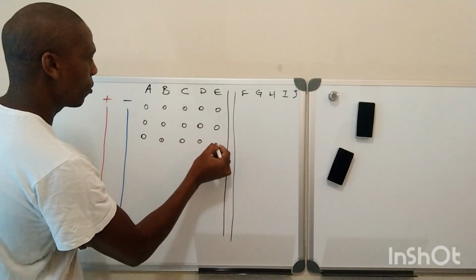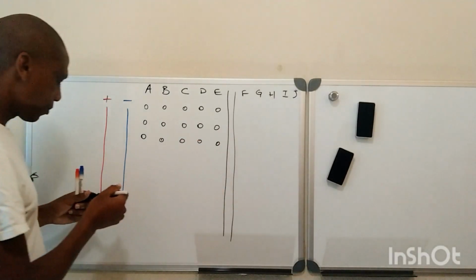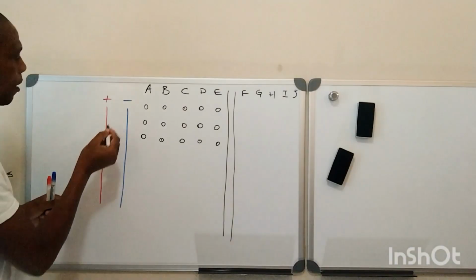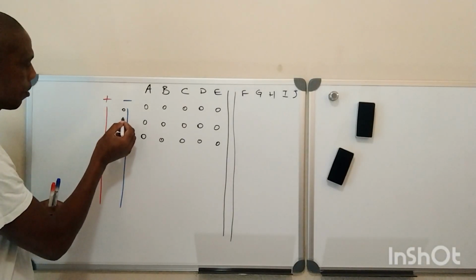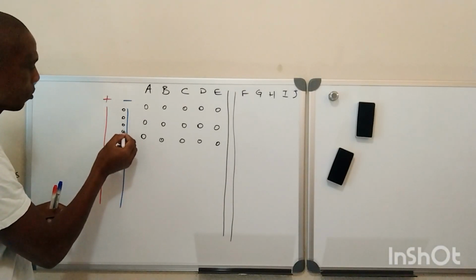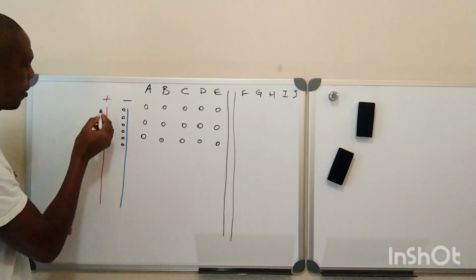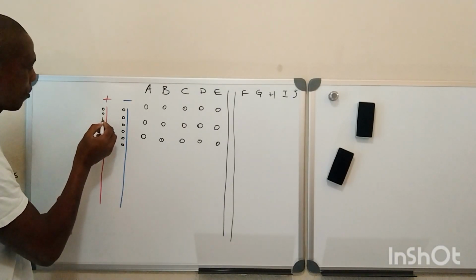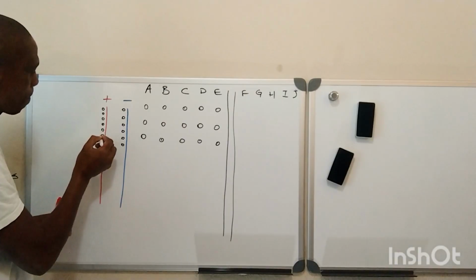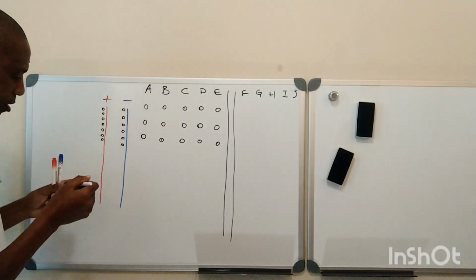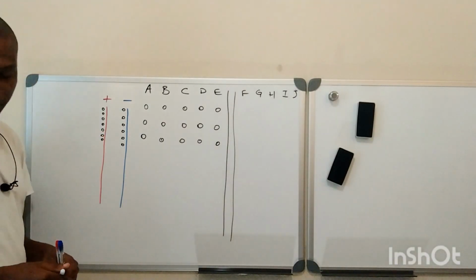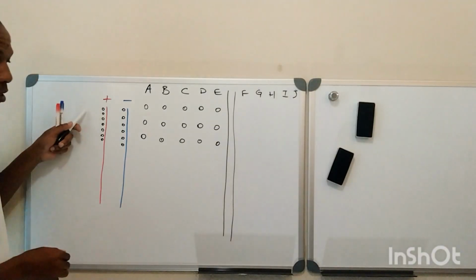Can you see those holes I'm talking about? And then again next to a negative line, the holes going down there. Then again next to positive. Something like this. Can everyone see that? They start with a positive.